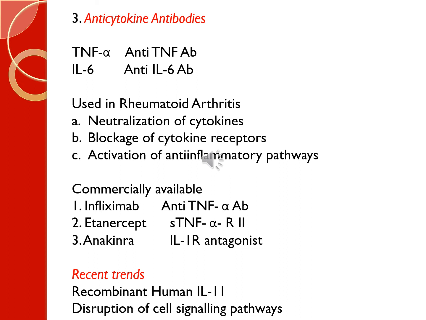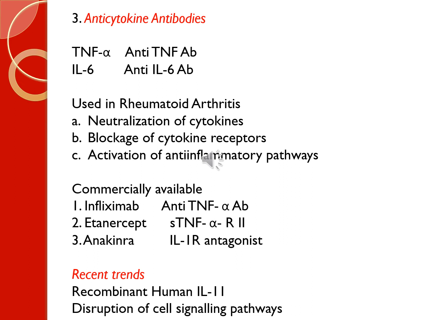So how exactly did anti-cytokine therapy come into the treatment of periodontal disease? It was mainly used in rheumatoid arthritis, for neutralization of cytokines, blockage of cytokine receptors, and activation of anti-inflammatory pathways. Since there are some similar pathogenesis mechanisms between rheumatoid arthritis and periodontitis, it was introduced as a host modulating agent in the treatment of periodontitis.